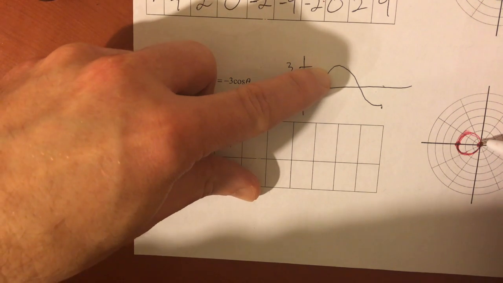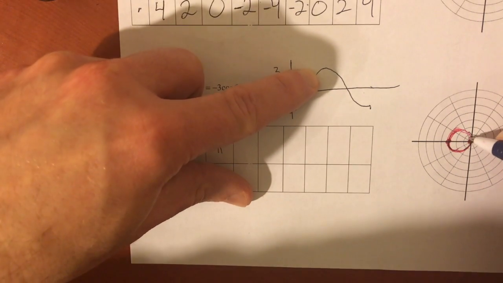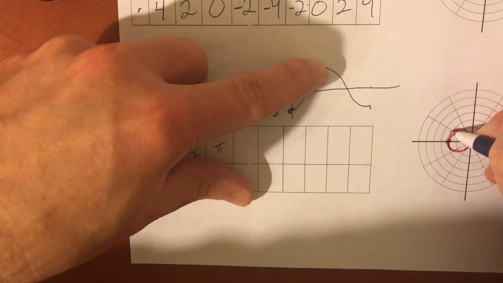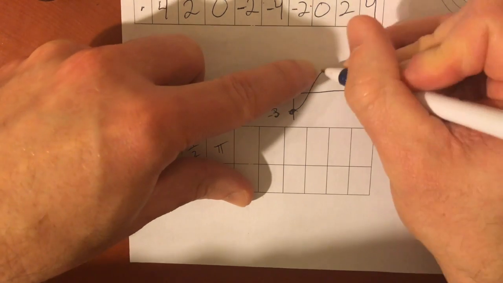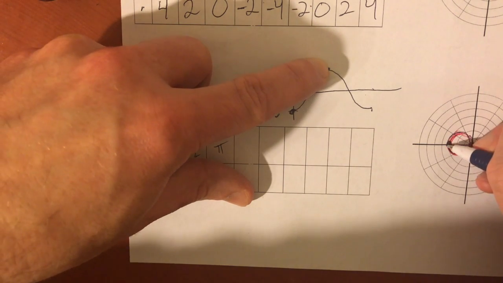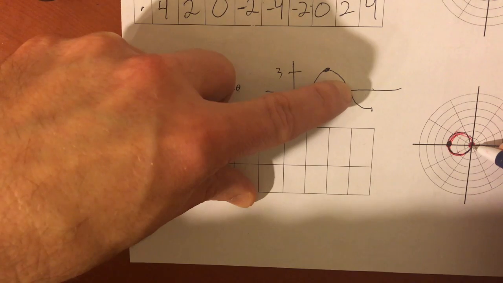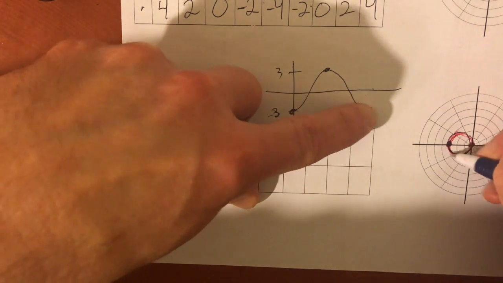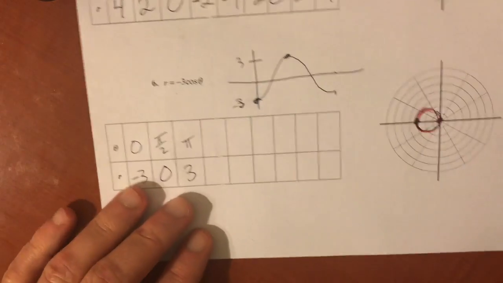And then from here to there, we get reeled out. Our r value increased to right here, corresponding with our maximum value, the maximum distance away, and then we got pulled back towards 0, and then reeled back out, and so on and so forth in that circular fashion.